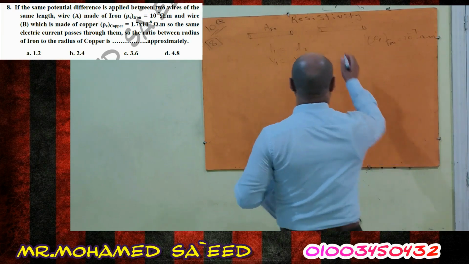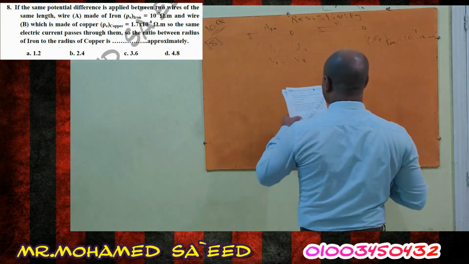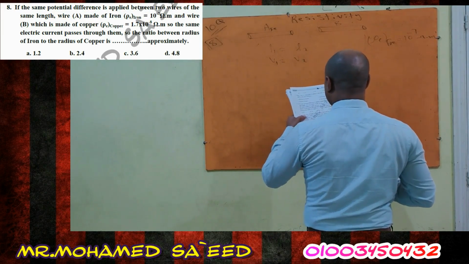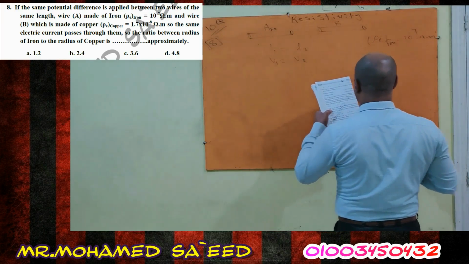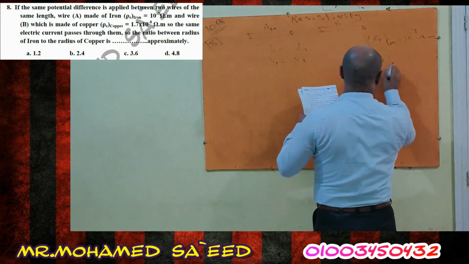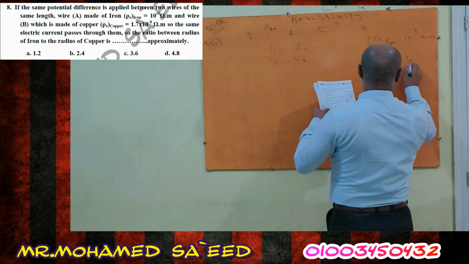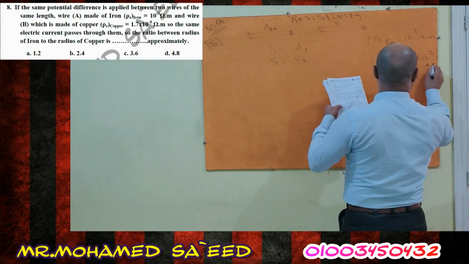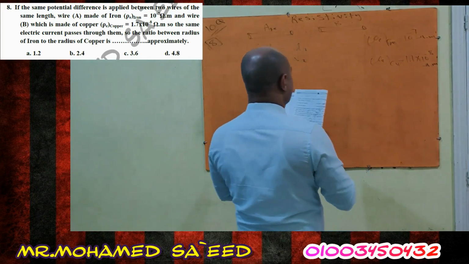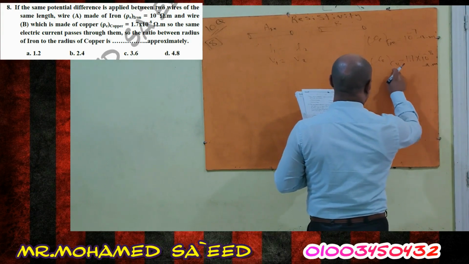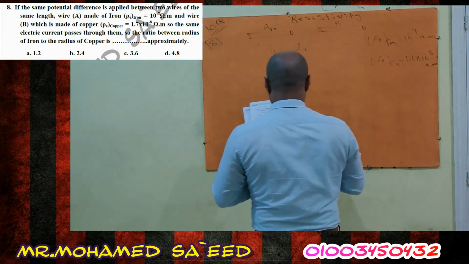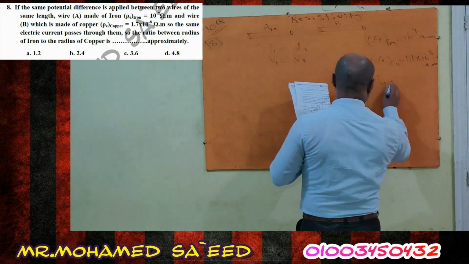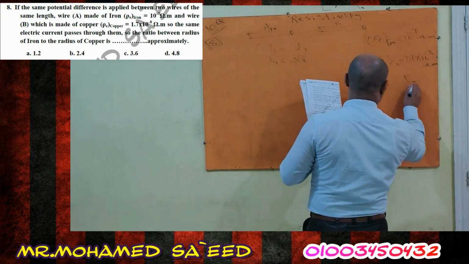And wire B is made of copper, and the resistivity of copper is 1.7 times 10 to the power negative 8 ohm meter. You can notice that the resistivity of copper is less than that of iron. So the same electric current passes through them, so IA equals IB.